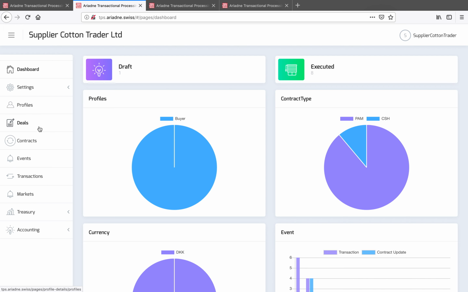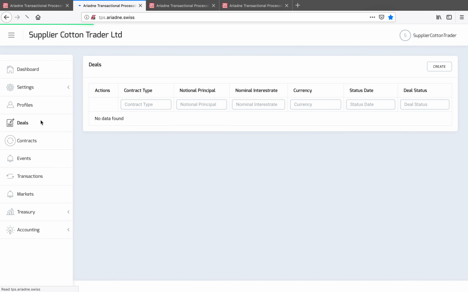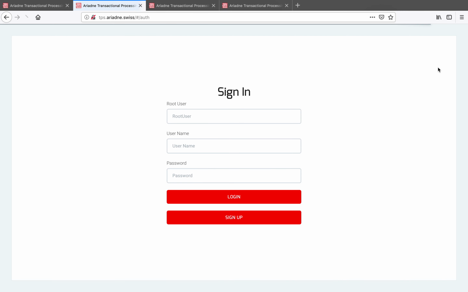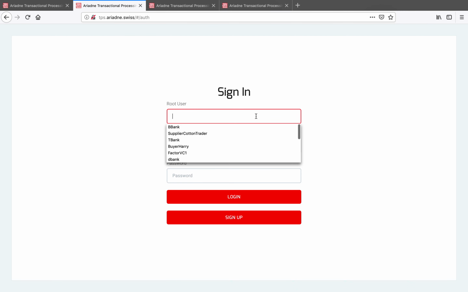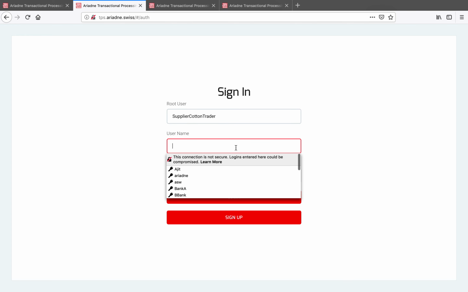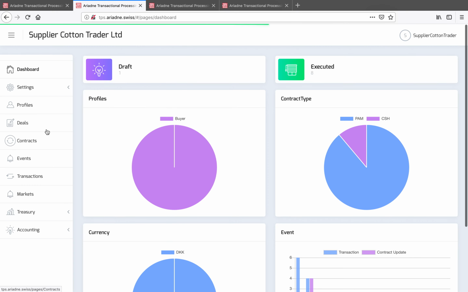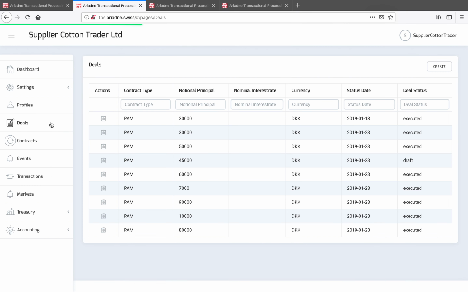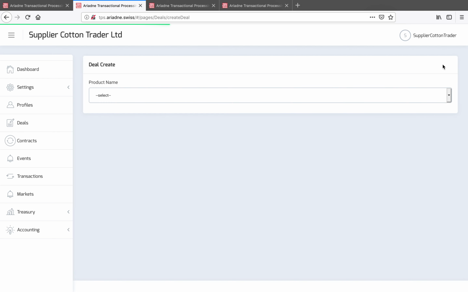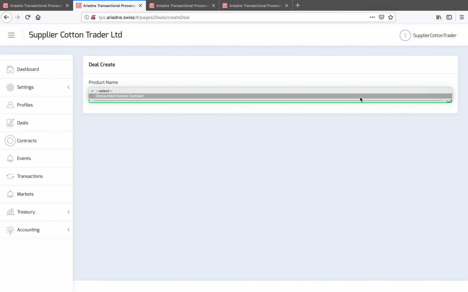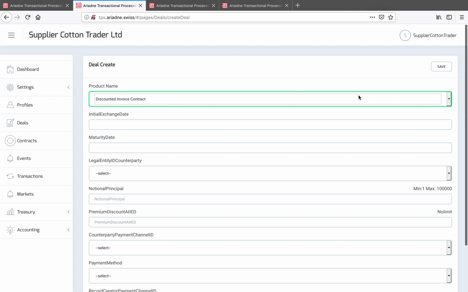In the demo here, I would like to show you how the agreement terms between the buyer and the supplier are represented here in Ariadne. Let's go ahead and create an invoice.